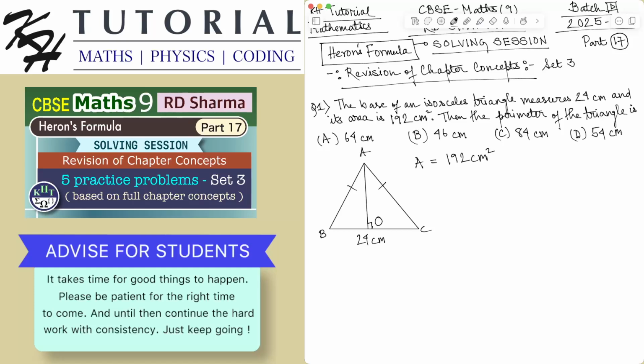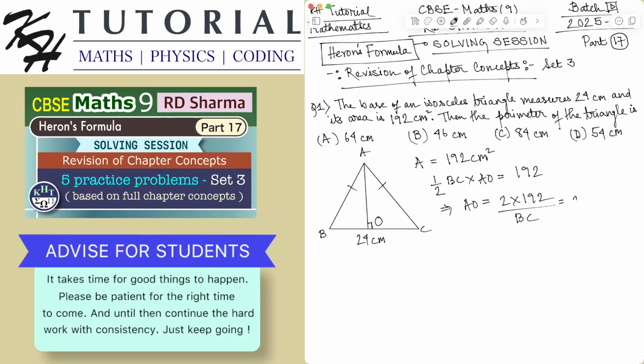Okay, so the area of the triangle will be half BC multiplied by AO, which should be equal to 192. I will not be mentioning the units. I hope you will understand. This implies that AO will be equal to 2 multiplied by 192 divided by BC.